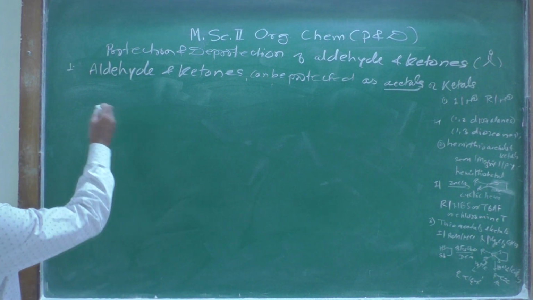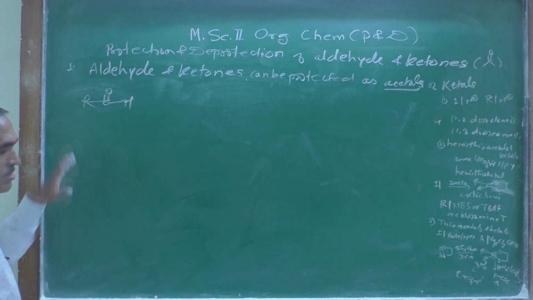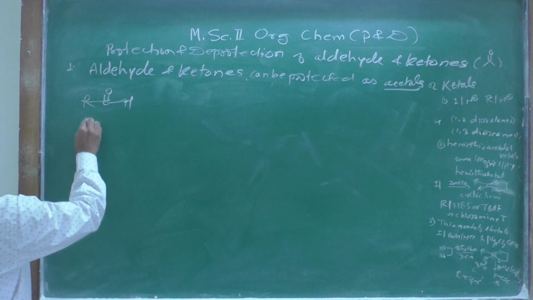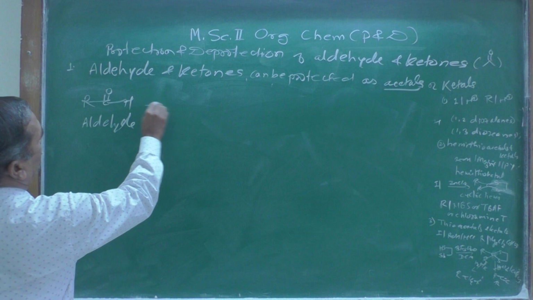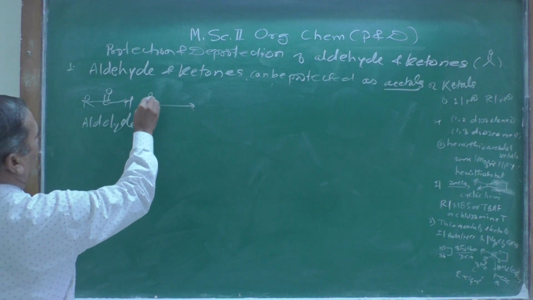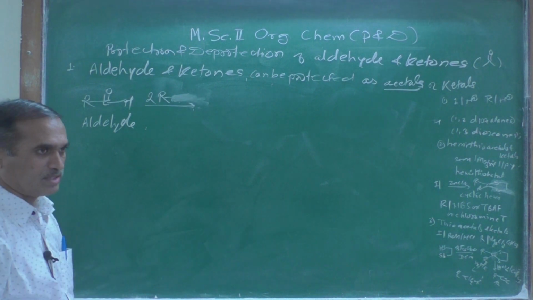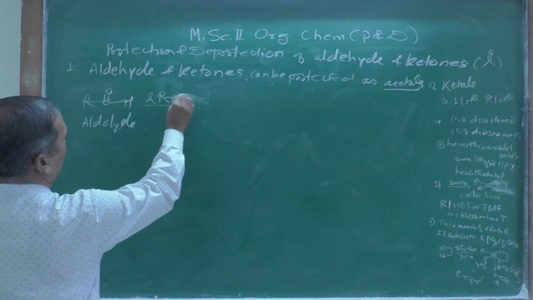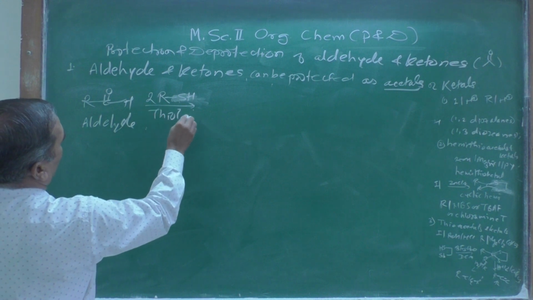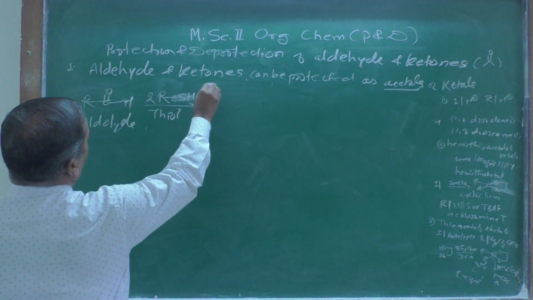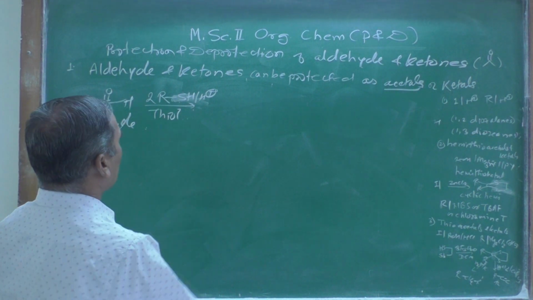The same. Suppose, let us see here, R C double bond OH. This is our aldehyde. This is the general formula. When the aldehyde is treated with 2 moles of thiol, R SH, where instead of oxygen there is a sulfur atom, that is called a thiol, in the presence of H plus, what are you going to get? Formation of the thioacetal.